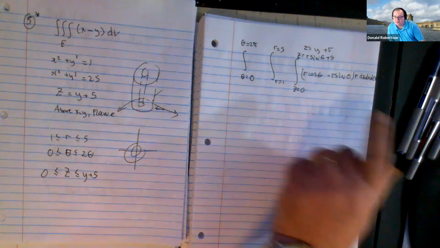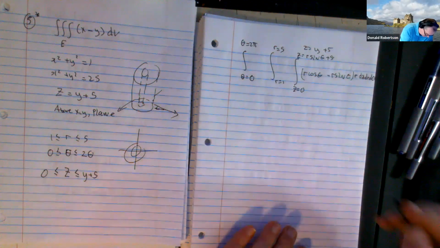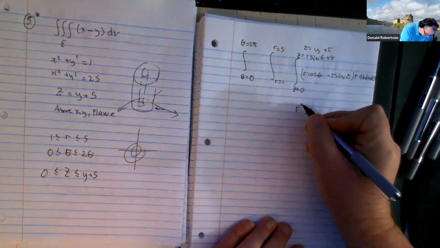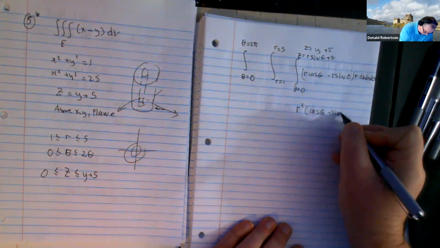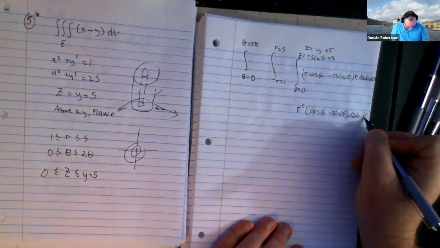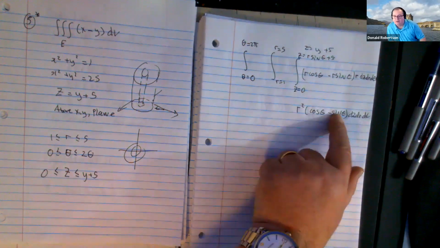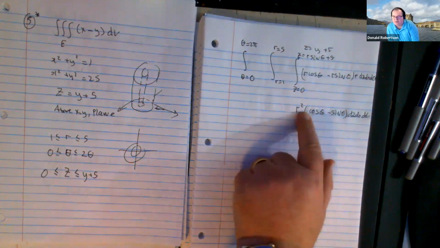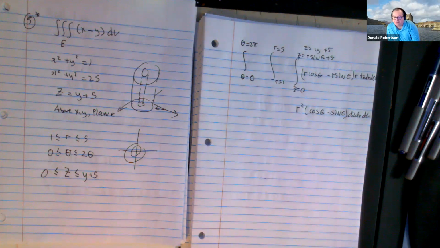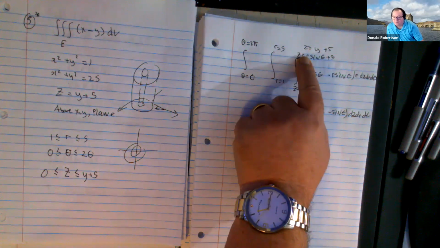You might think that you can separate this out, and in a way you can. But why can't I do a variable separable right now? I might do it next, but why can't I do it right now? What's the problem? See it there?